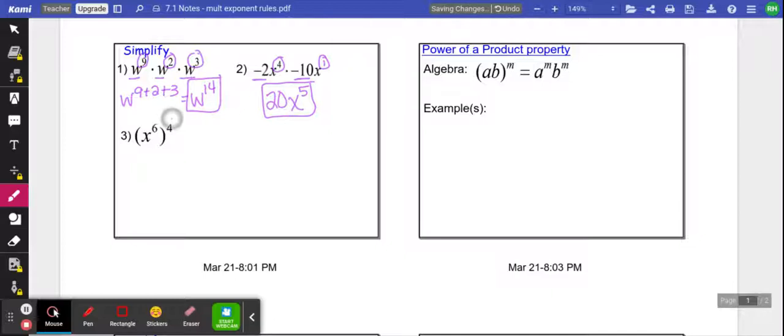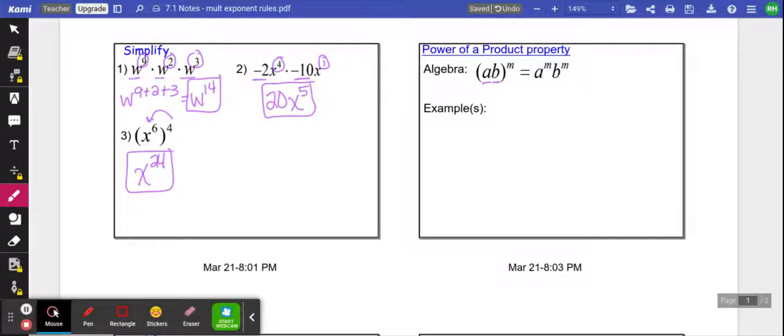And then this one, distribute, because it's a parentheses, or multiply. So we have 6 times 4, which would be x to the 24th. Okay? Our last property is going to be power of a product. And this is just like the power of a power, except there's more than one term inside the parentheses.